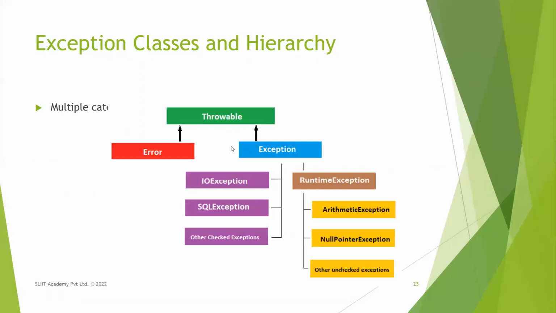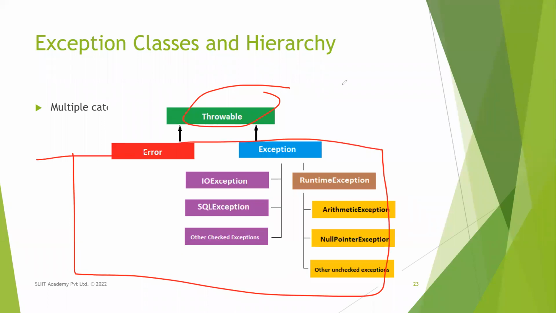What is the disadvantage? If I catch it using throwable, all the errors can be caught. What is the disadvantage? We don't recommend you to do this. Even in an interview, they check that. You have to write specific exceptions like arithmetic and null pointer separately rather than catching using the superclass.